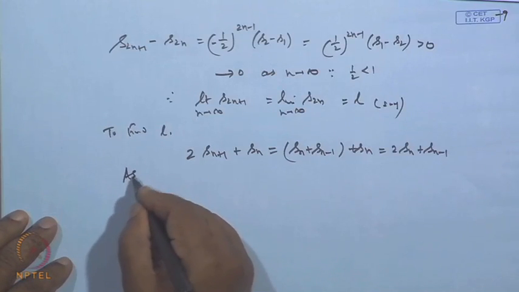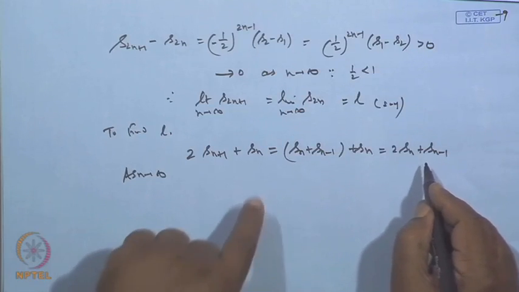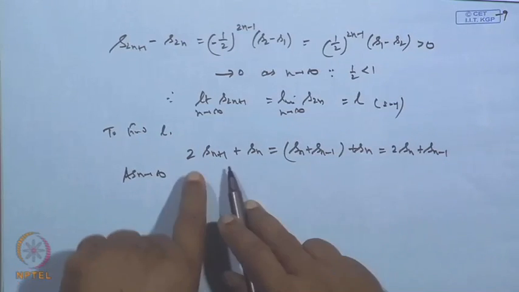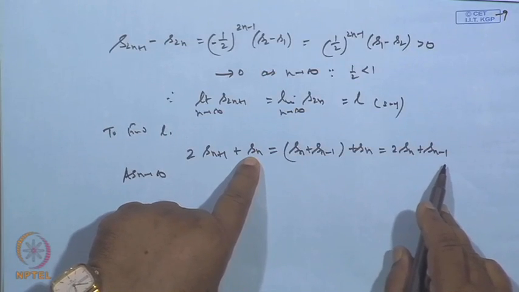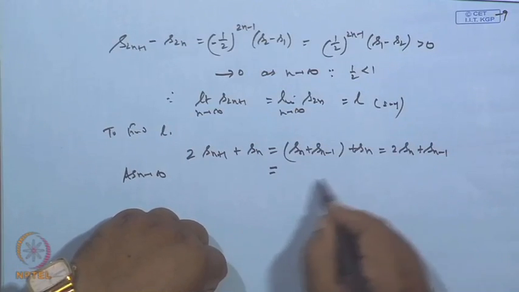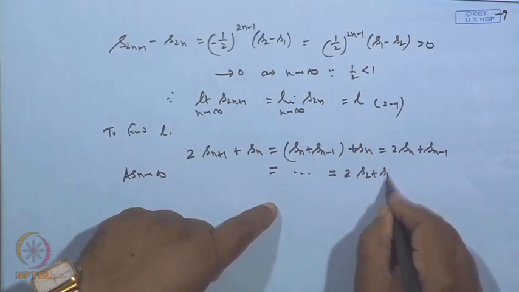Now, as n tends to infinity, again when you take 2 S n plus 1 plus S n, it is 2 S n plus S n minus 1. Similarly, if I continue this process, what we get? In the final term we get 2 S 2 plus S 1.